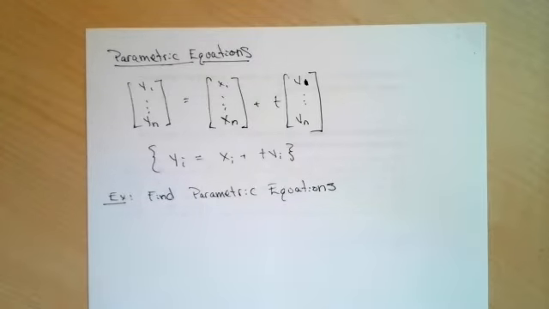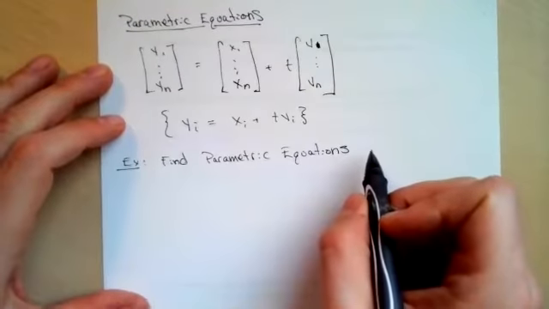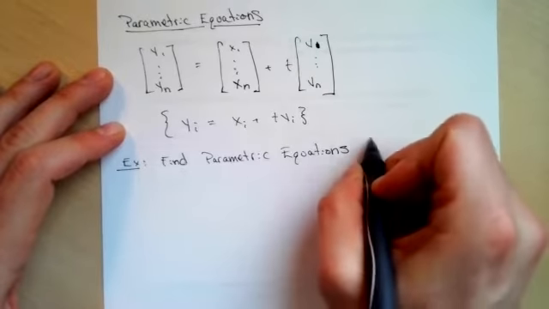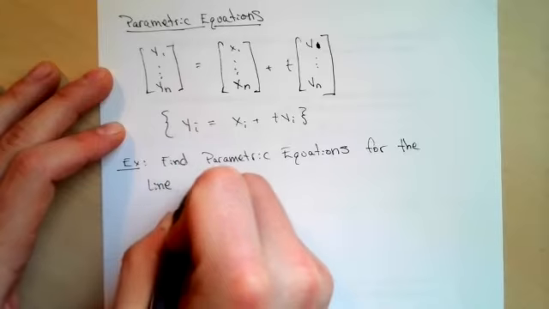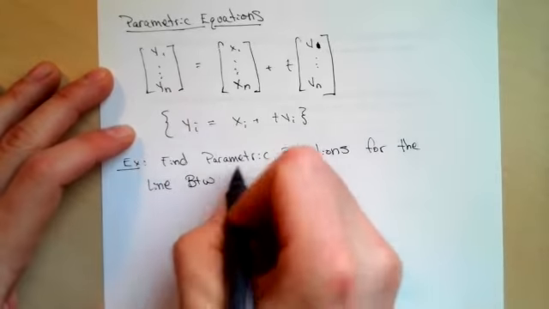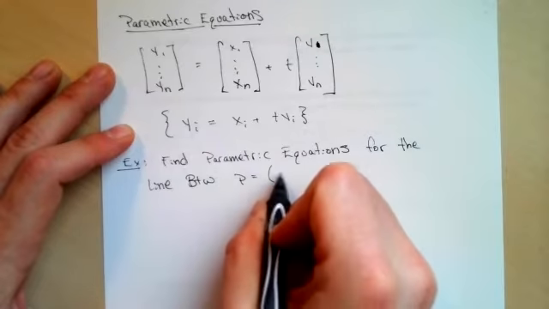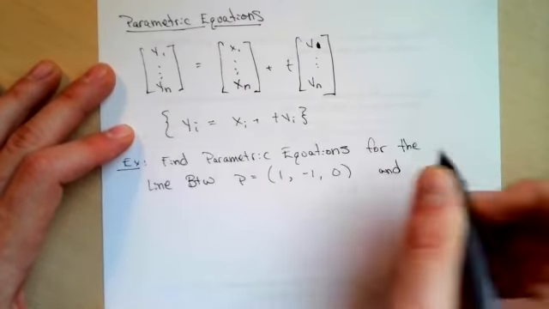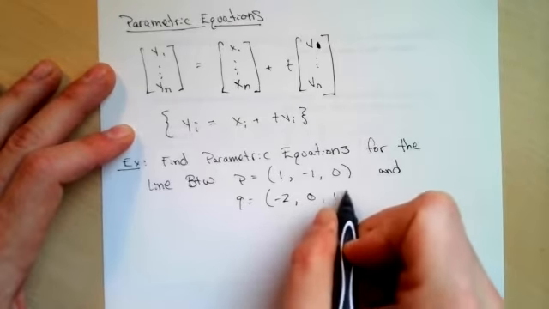Sometimes we have x, y, and z for our position variables, or for all of our dependent variables. So find parametric equations for the line between, let's say, p equal to (1, -1, 0) and q equal to (-2, 0, 1).